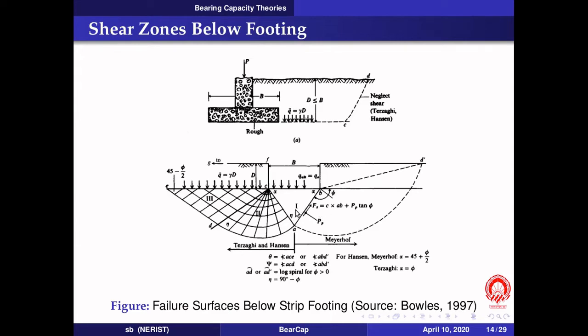Now, what Terzaghi and other researchers have said is that this triangular wedge directly below the footing remains in elastic condition. That's why it is called the elastic wedge. The soil outside the elastic wedge, at the verge of shear failure, undergoes plastic equilibrium.